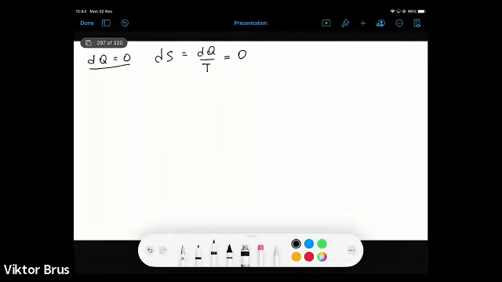So isothermal process. For isothermal process, temperature remains constant. Means that if we again write here this equation which we derived for change of entropy, let us write it here. Delta S has two components.